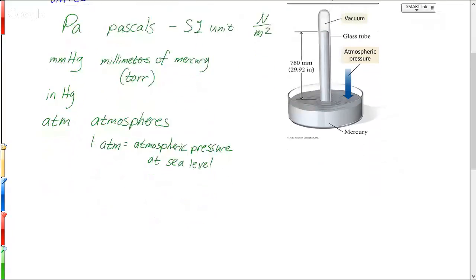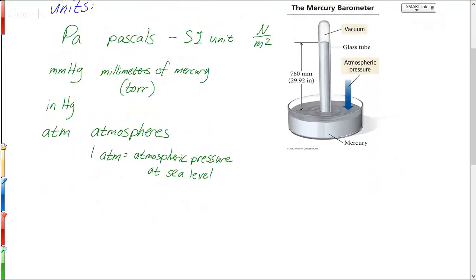Then the last one we probably also commonly see, there are some other weird ones, but the other common one would be PSI, pounds per square inch, which can also be written as pounds over square inches. So it's kind of like the Newton per meter squared, the pound per inch squared, the imperial or English units equivalent of that. And of course, that's how we measure things like tire pressure.